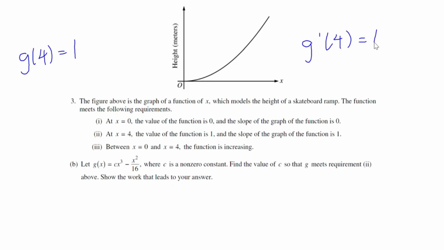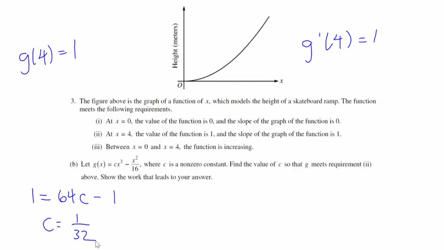Right? So g of 4 is just going to be 4 cubed is 64, so 64c minus, and then if we square 4, that's 16 over 16, so 64c minus 1, or c will need to equal 2 over 64, which is 1/32.